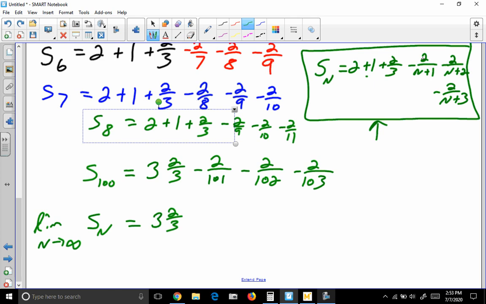But the limit of each of those other terms goes to 0. So 3 and 2/3, or we could call that 11/3, is what that particular sum goes to. So this telescoping series converges. This is what it converges to, but we do need this formula in case we need to find the value of certain partial sums.